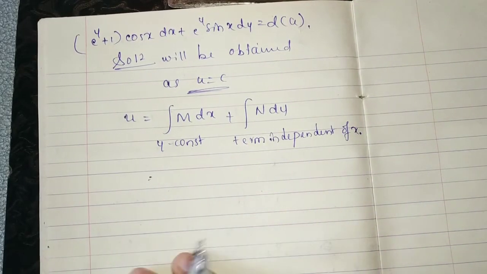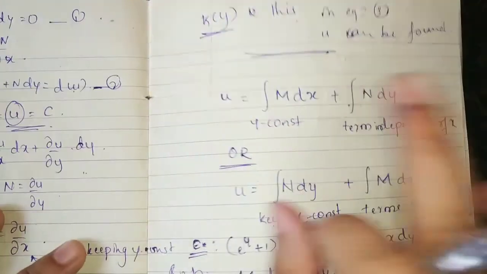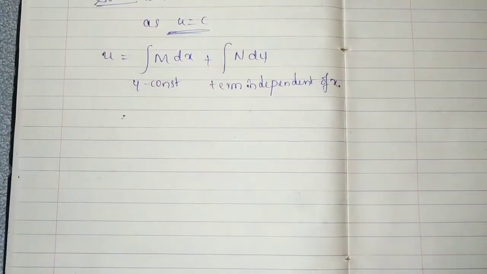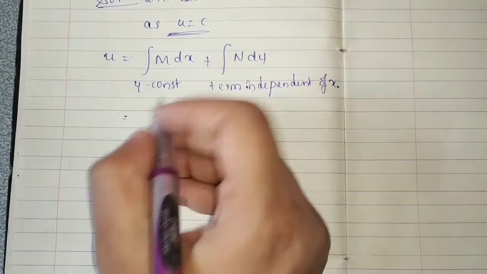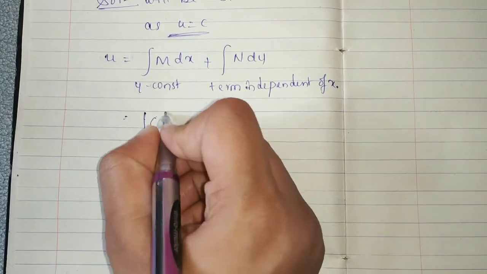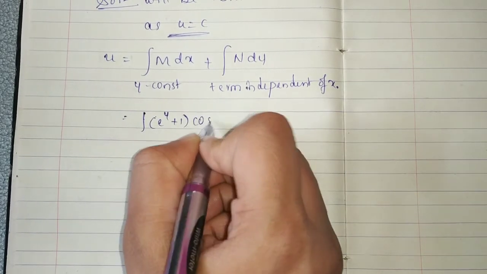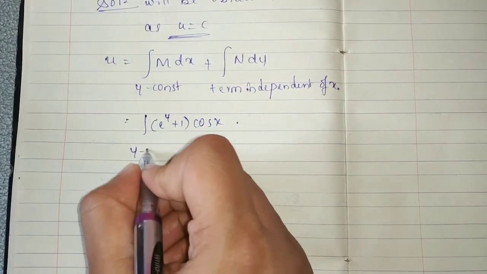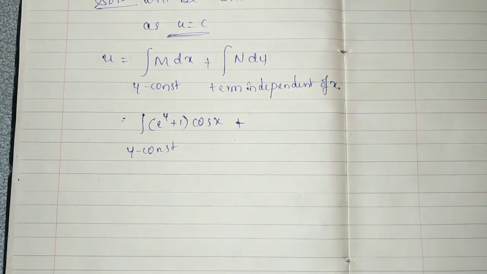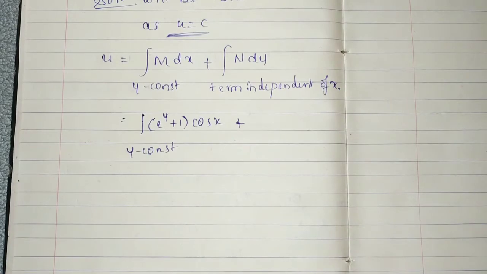So by this formula, u = c is the required general solution, where u is, now we are finding the integration of M. The value of M is (e^y + 1) cos x. Here y should be kept constant, plus the integration of N dy, the term independent of x.